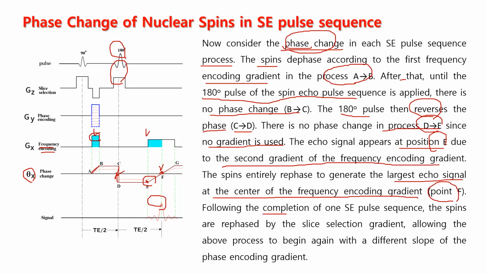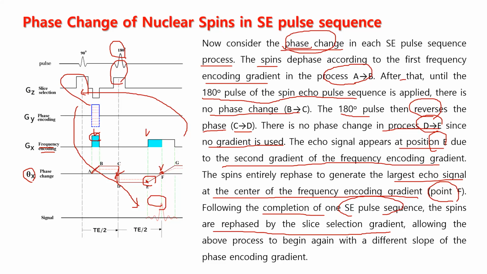Following the completion of one spin echo pulse sequence, the spins are rephased by the slice selection gradient. So we go back to here and repeat the process again, okay?